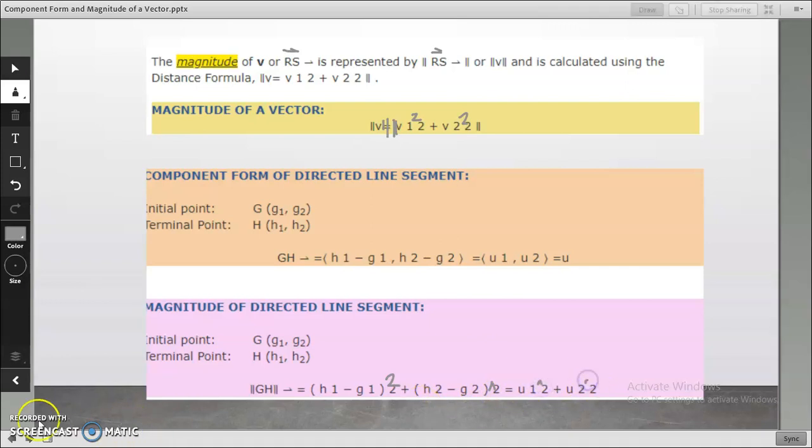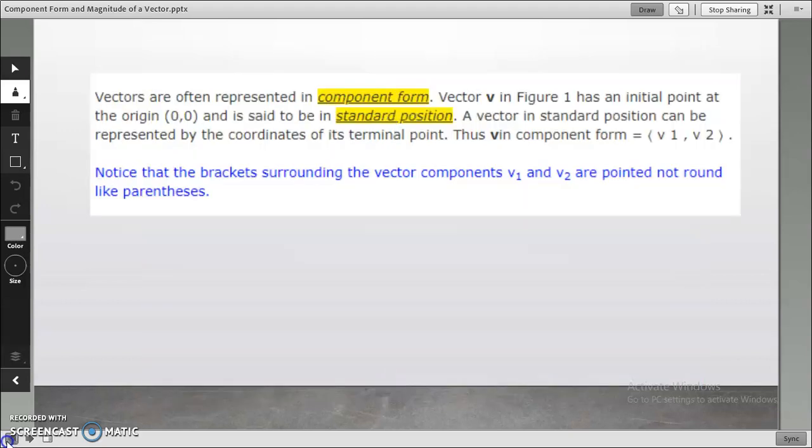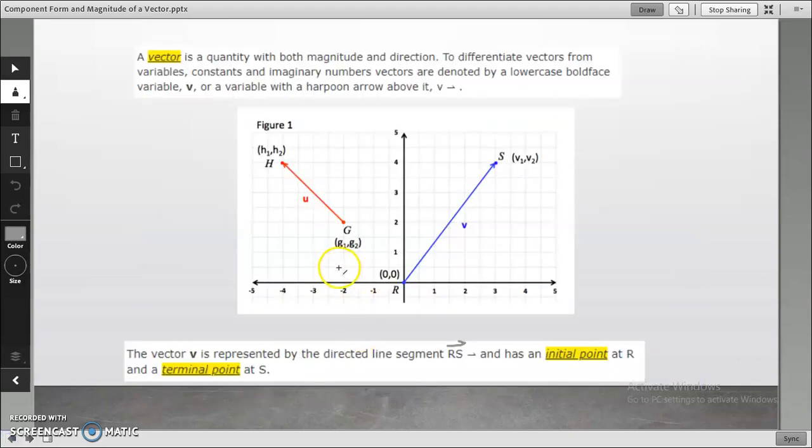So let's do an example. It says find the component form and magnitude of vector u. So if you recall, I believe, yep, this is vector u.